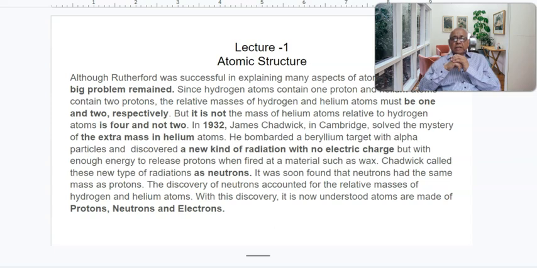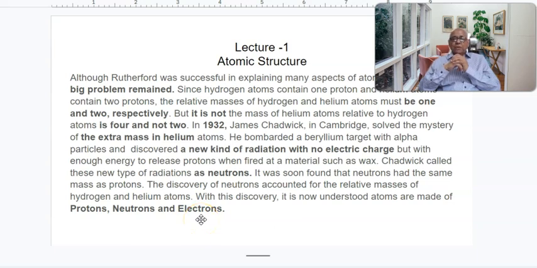Then comes another scientist who was working in Cambridge. He solved this mysterious problem by seeing a new kind of radiation, which he called neutrons. Once we have all this summarized, we see that atoms are made of protons, neutrons and electrons.